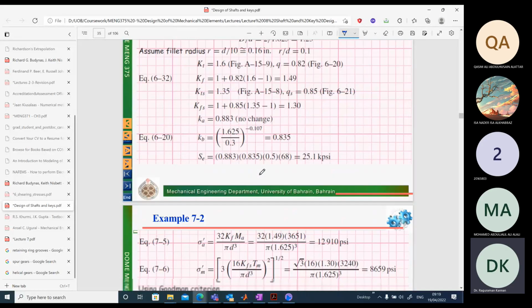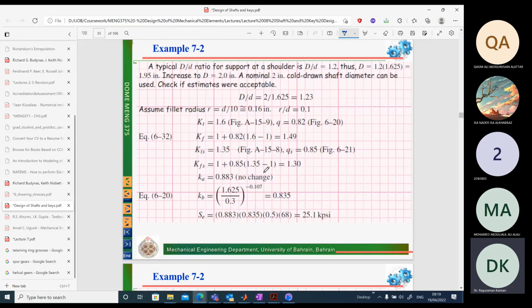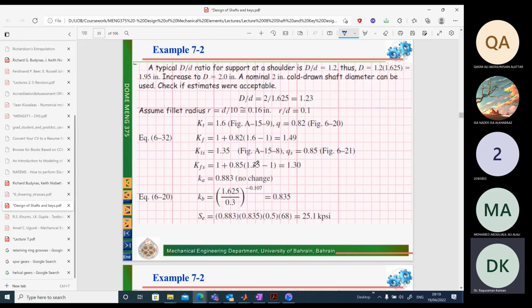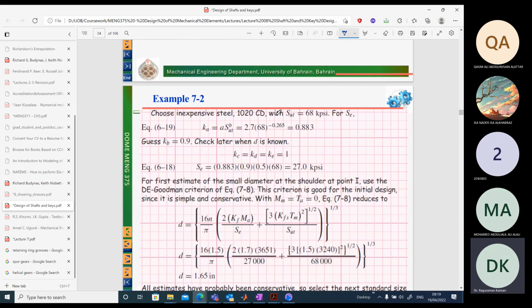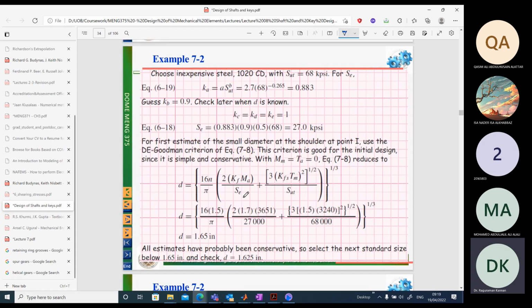Yes, so we were right at point I. If you recall, we are calculating at point I. We want to estimate the diameter at point I according to the calculations. Apply the formula, and when we calculate, we get D equal to 1.65 inches.